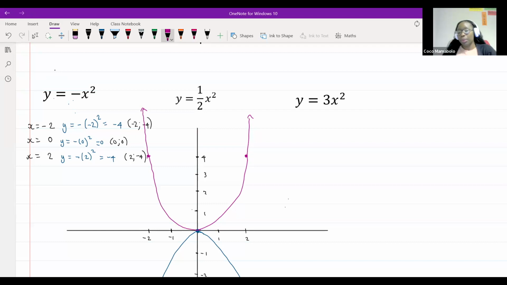All right, so here's what I want everyone to do. I want you guys to use these three values: x is equal to negative 2, x is equal to 0, and x is equal to positive 2. Put them into here and tell me what we notice about the graph if we try and draw it.